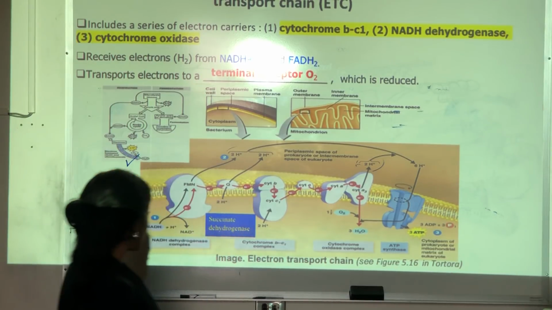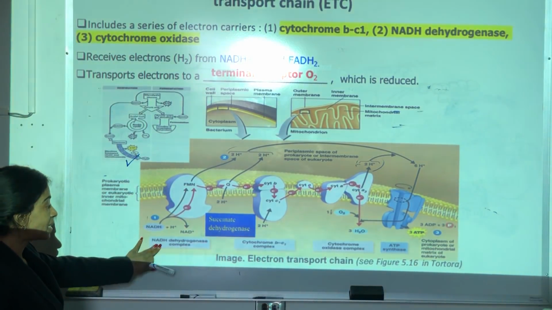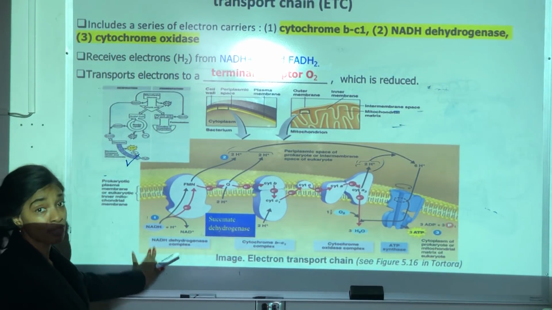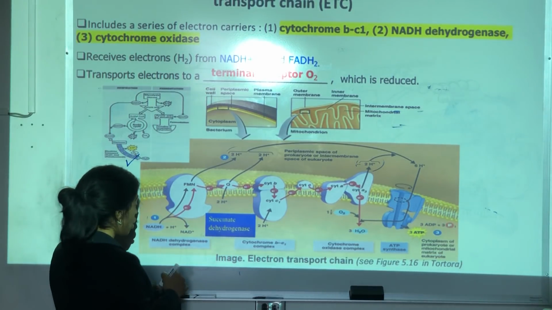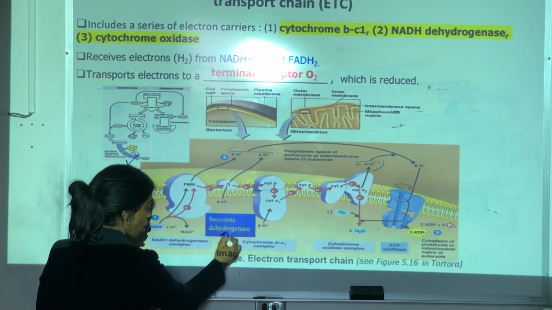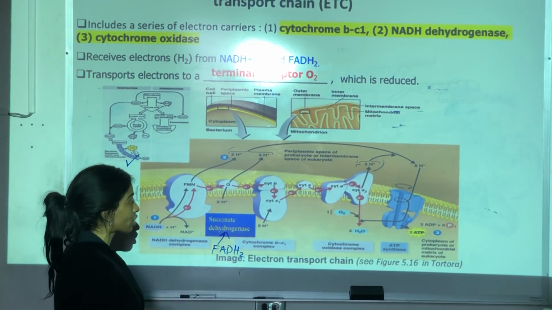So for NADH, as I mentioned, NADH starts here. But the NADH dehydrogenase only collects from NADH. It does not collect from FADH2. So where does FADH2 come in? It will come in here. And the succinate dehydrogenase will take its electrons.